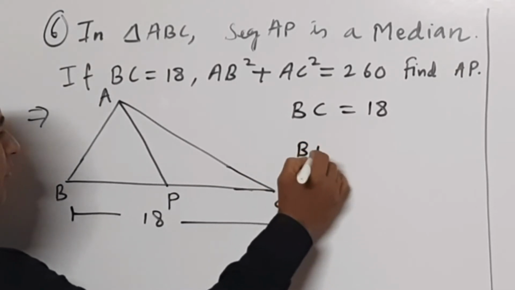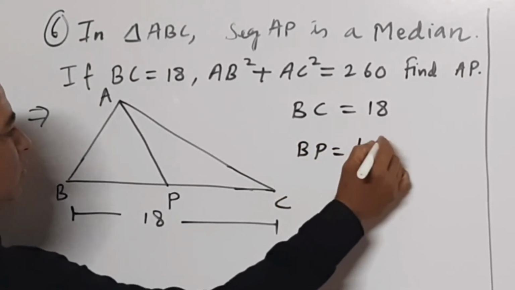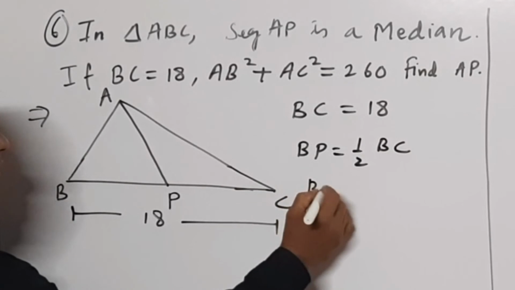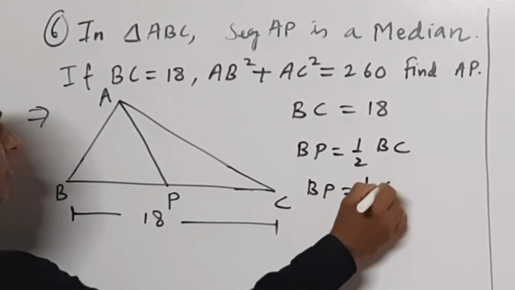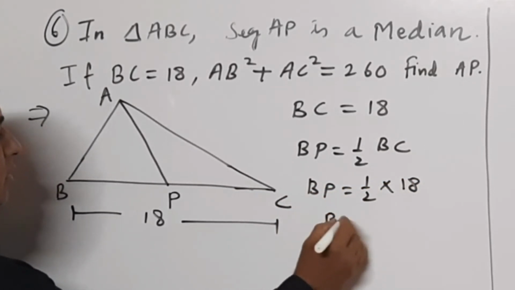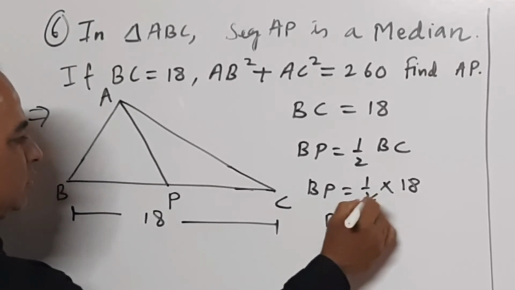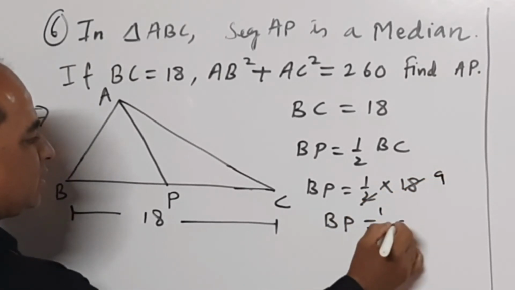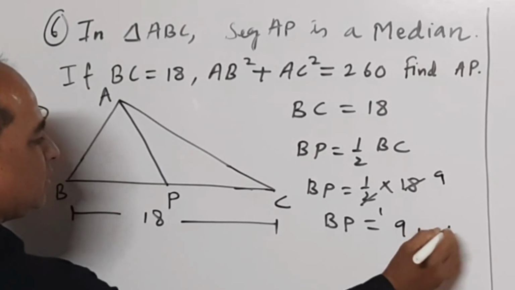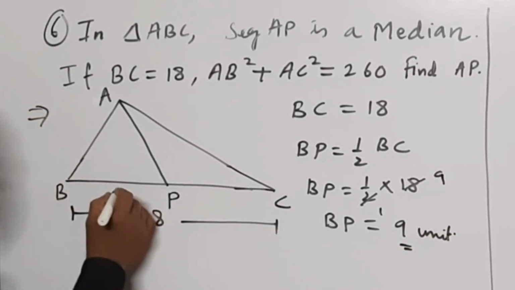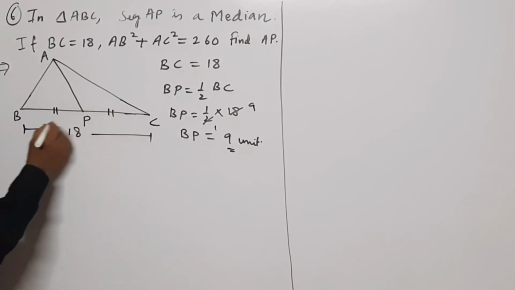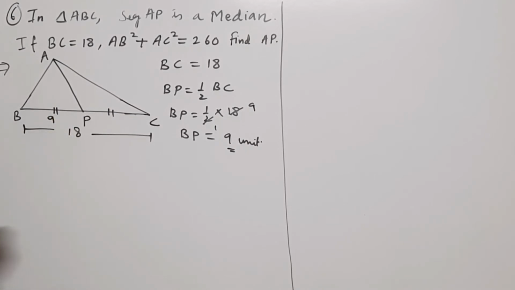Therefore BP is equal to 1 upon 2 BC, so BP is equal to 1 upon 2 into 18, that is 9 units.